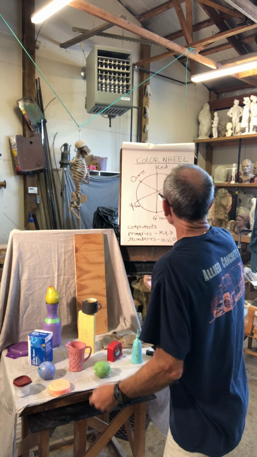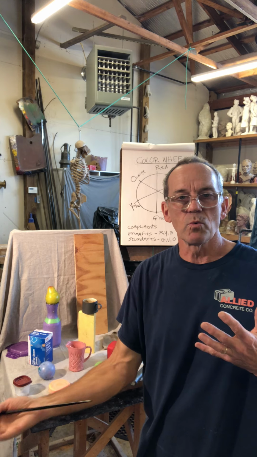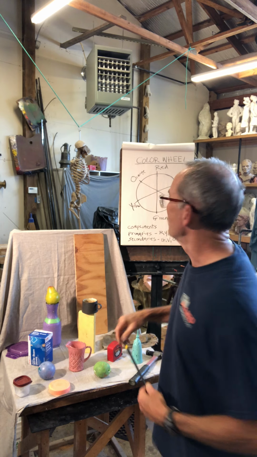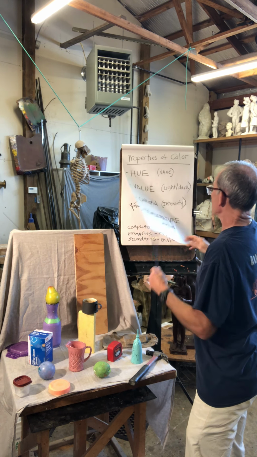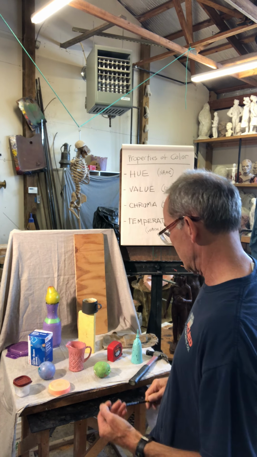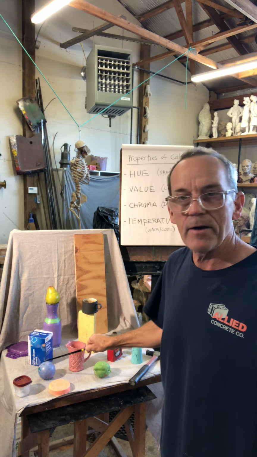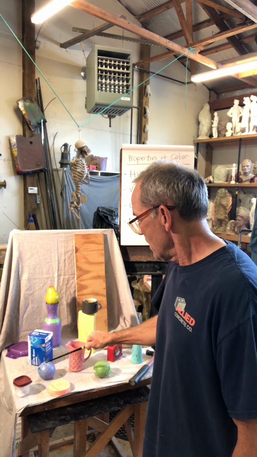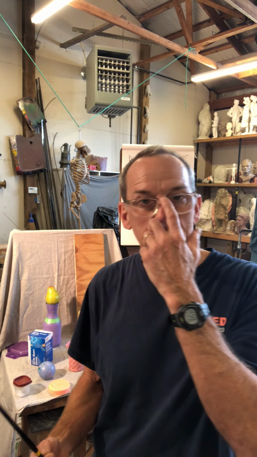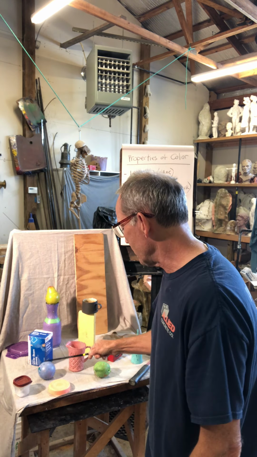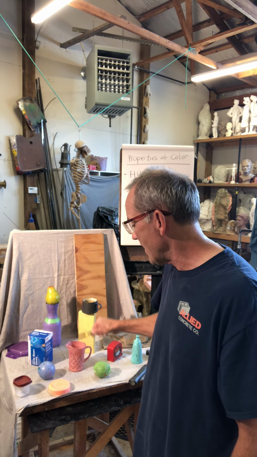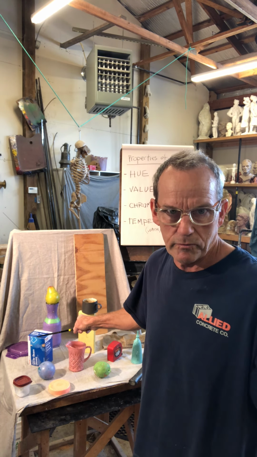But it doesn't really matter. You're judging one color against the other, and that's an important idea to keep in mind with all of these ideas that we just talked about: these are all relative terms. So if I look at, say, this value here on this ball, I can't just look at that ball in isolation and say, well, that's a light value, that's a dark value. It only makes sense if I'm comparing it to something else. If I compared this ball to this blue here, I would say this is a lighter value than that, which we've already said.